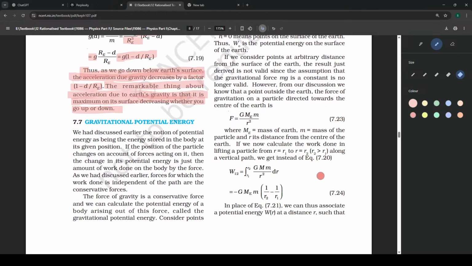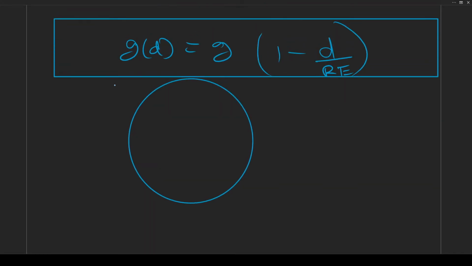If we see the Earth, if this is the Earth, no, that is not the Earth.